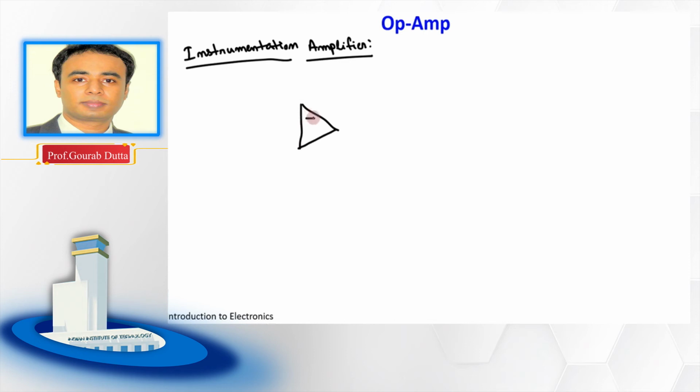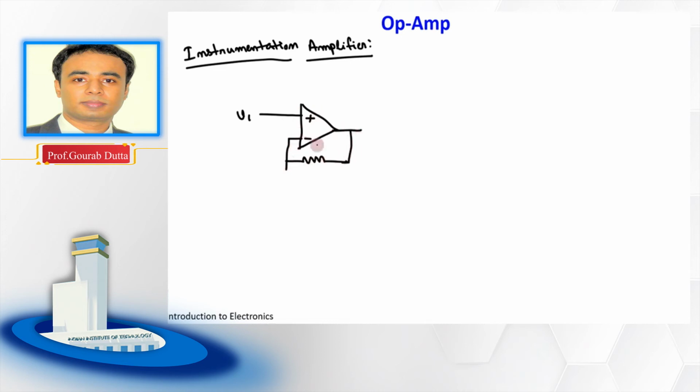So we have here two op amps, right? And to this non-inverting terminal, we are applying one of the signal sources, that is V1, right? And this is obviously one non-inverting amplifier, right?